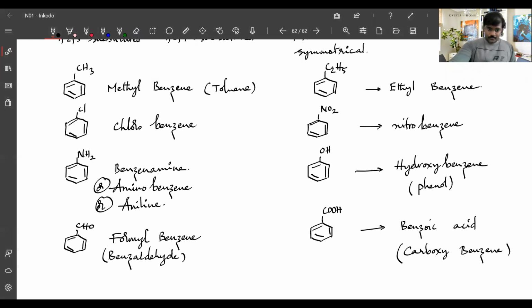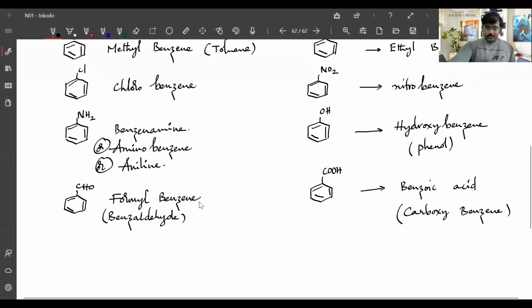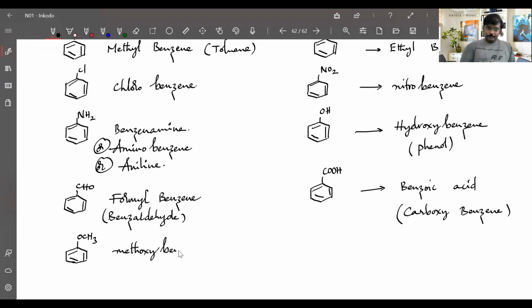Next, on the benzene ring, I'm keeping an OCH3 methoxy group. We can write it as methoxybenzene, or we generally call this compound anisole.